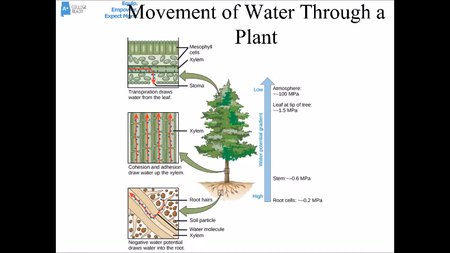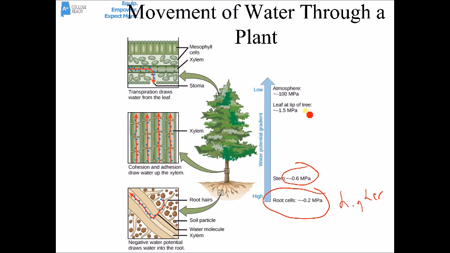So here we see a diagram showing us the water potentials and how this contributes to transpiration. So in the root cells, the water potential is around negative 0.2. In the stem, it's negative 0.6. Well, negative 0.2 is higher than negative 0.6.